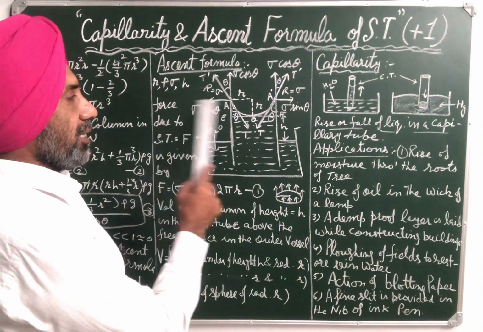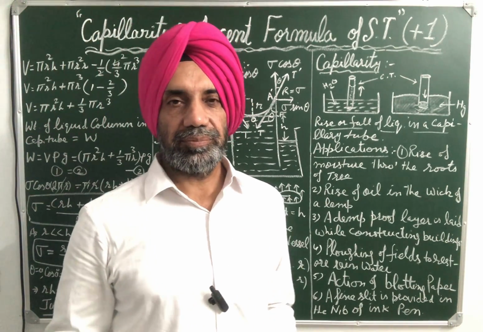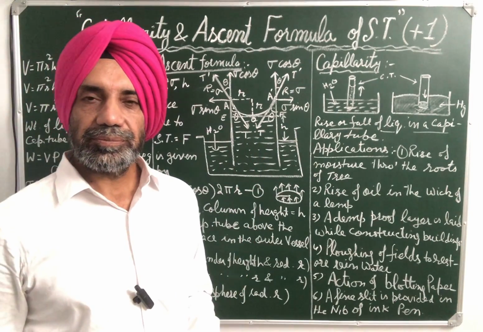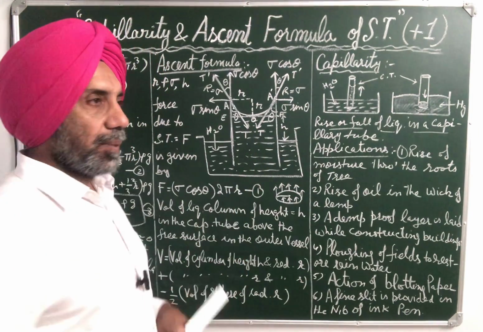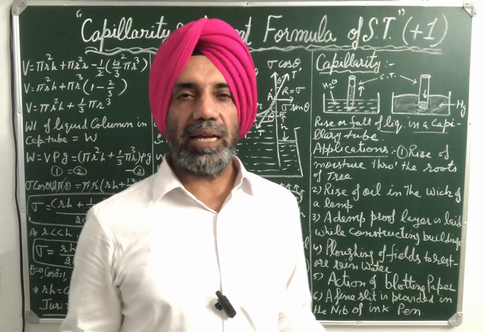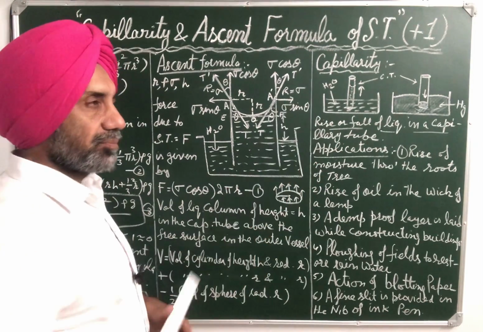But sigma sin theta acts normal to the walls of the capillary tube. It means these components are not responsible for the rise of the liquid in the capillary tube. So we can ignore them.